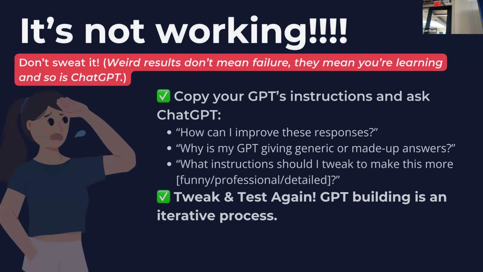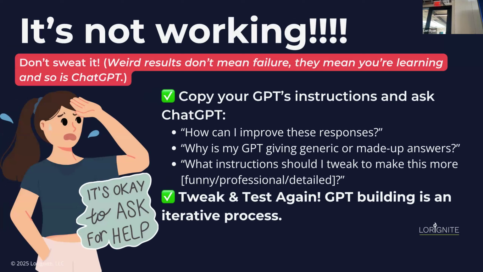You're totally going to run into this. I'm telling you, it's going to not work, or after three months, it's going to stop working. I leverage ChatGPT a lot to go back in and say, here's the problem I'm having, here's my instructions, can you help me? And it's really good. Or it asks, what else do you need from me? And just keep tweaking and testing again.